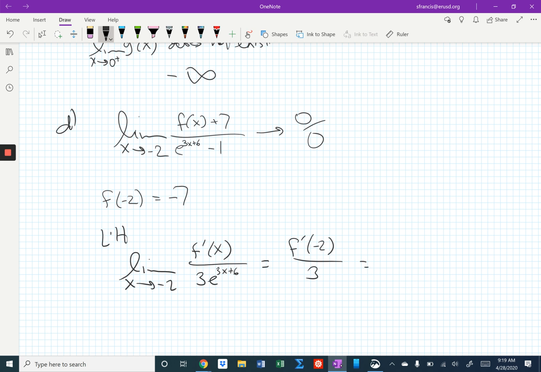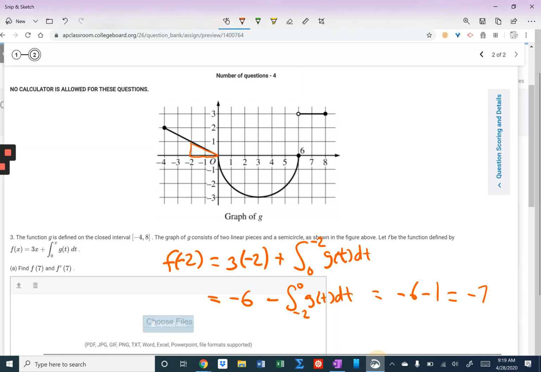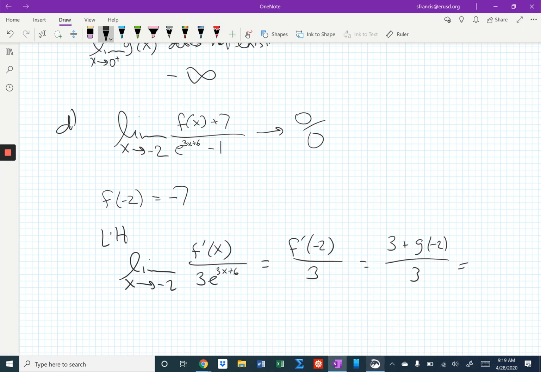F prime of negative 2 is 3 plus g of negative 2, and g of negative 2 is 1. So it's 3 plus 1 over 3, or 4/3 as the final answer.